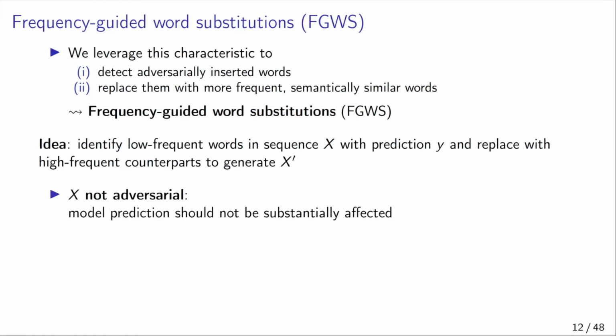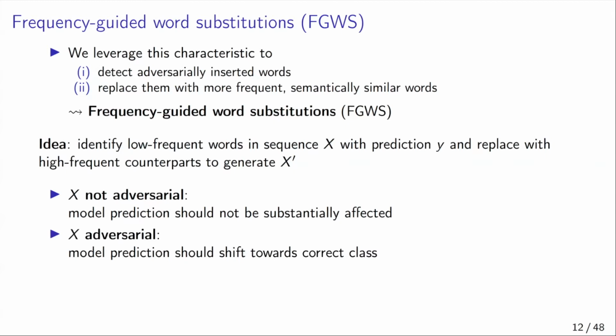Intuitively, if X is not adversarial, then we wouldn't think that the model prediction should be substantially affected by this change. If X is already correctly classified, then changing low frequent words with more frequent words shouldn't make the classifier misclassify the sequence, because it has a higher familiarity with more frequent words since it has been trained on those more frequently.